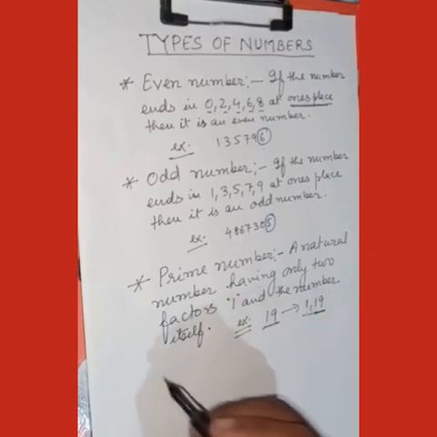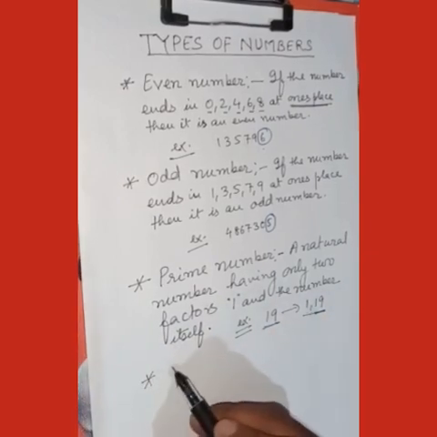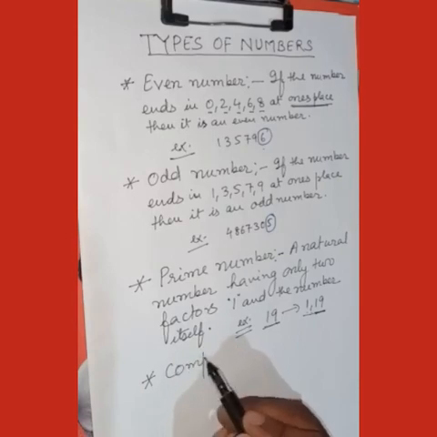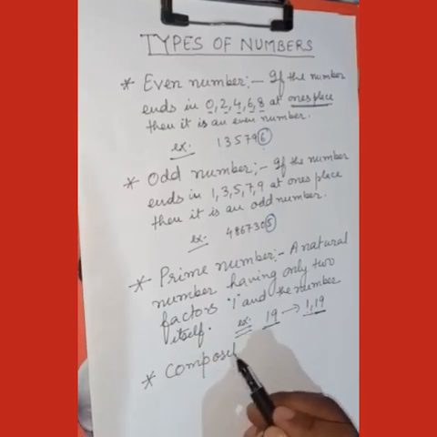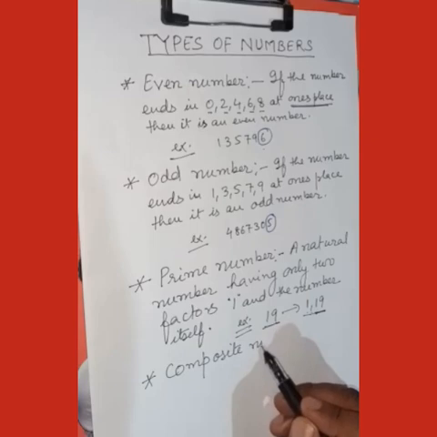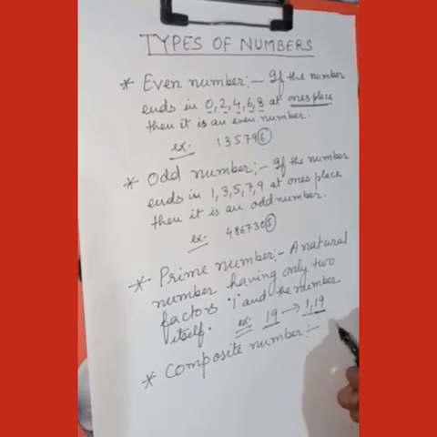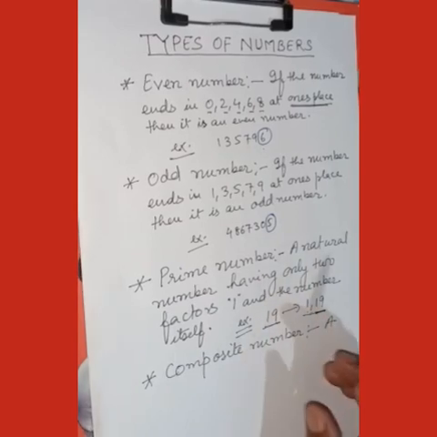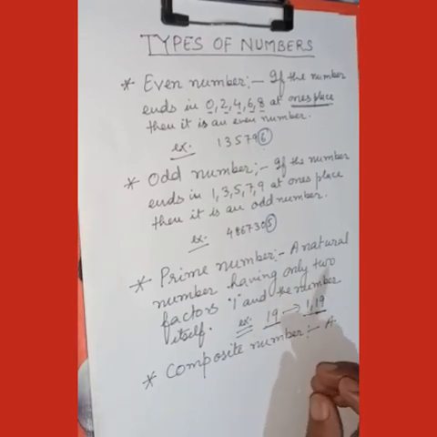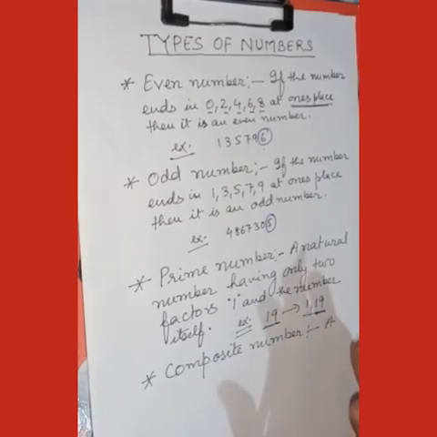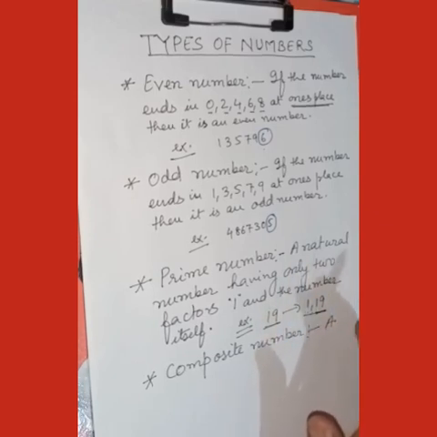Okay student, now next is composite number. Now in composite number we will be having more than two factors, then we can say it is a composite number.